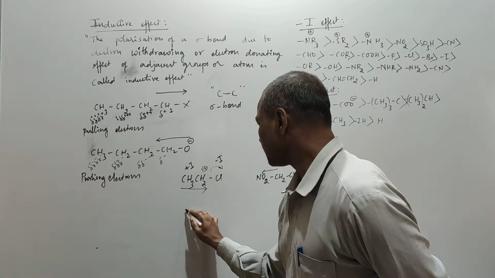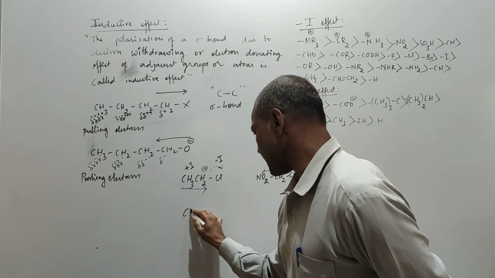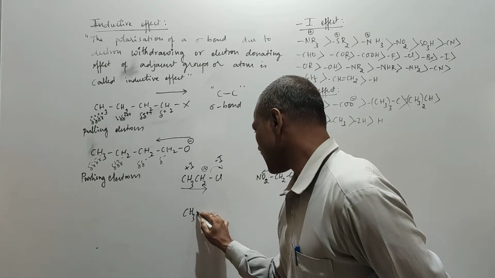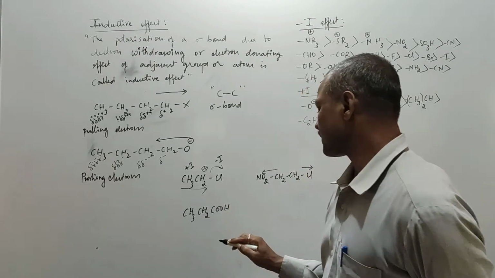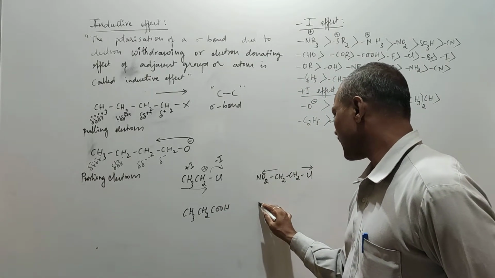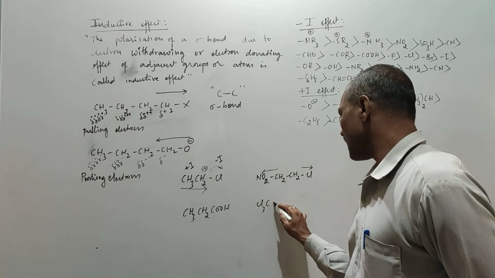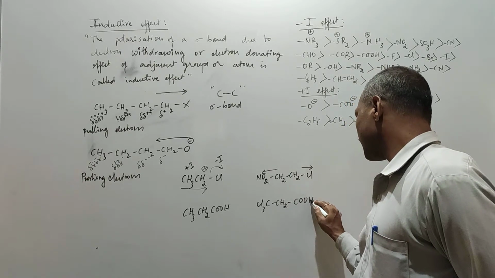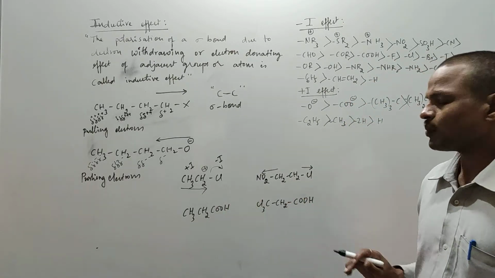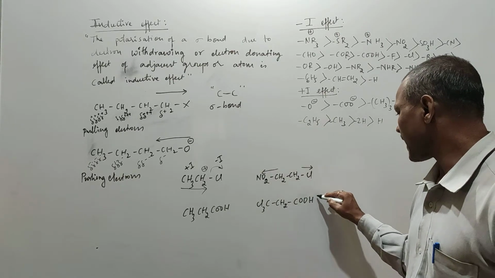For example, if I take an acid, CH3CH2COOH, and here CCl3CH2COOH, which is more acidic? The more acidic is the second one.